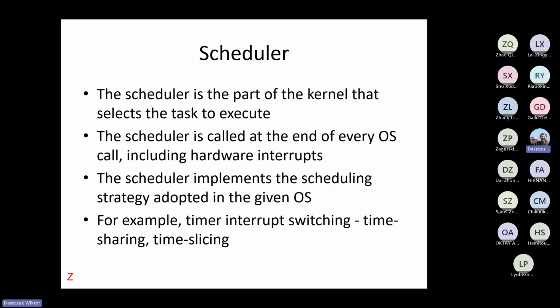And we must choose between old processes and one new process. So the scheduler is called at the end of every kernel operation. We call the kernel, regardless if we do it programmatically or by interrupt. Programmatically is using an interrupt as well, but it is just a software interrupt. And at the end of serving this interrupt, the scheduler is called.